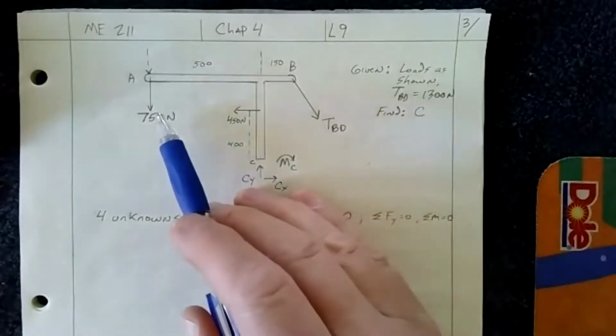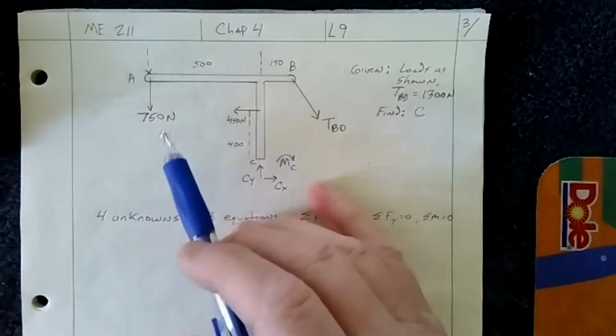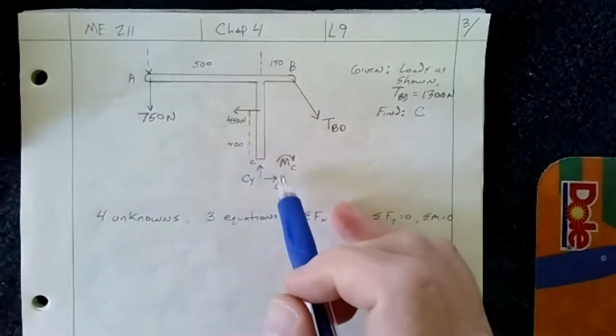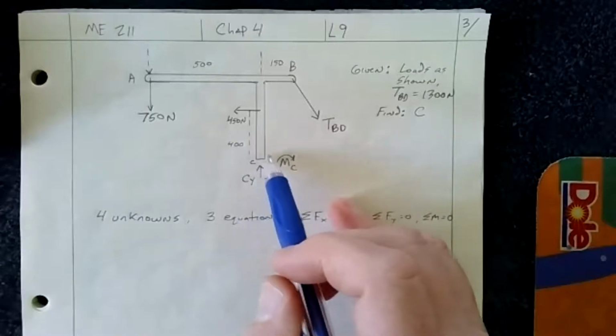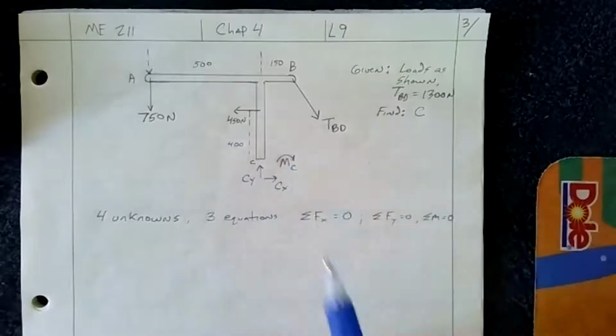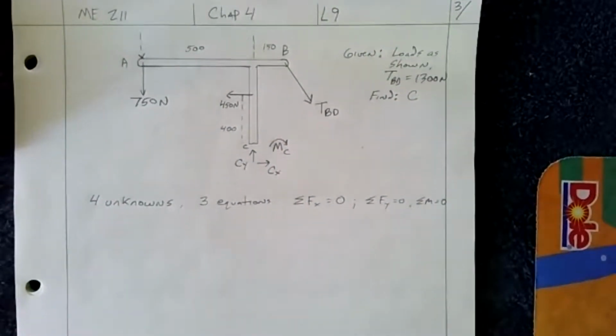If there's more force causing this to want to rotate counterclockwise, then the moment applied to this base has to be going clockwise, so it offsets it. Knowing that, we're going to include that when we set up our equations.